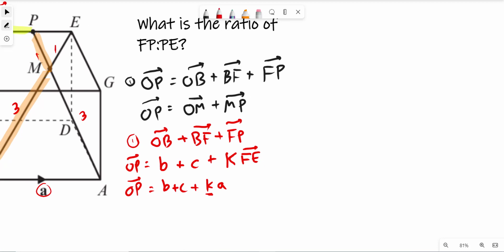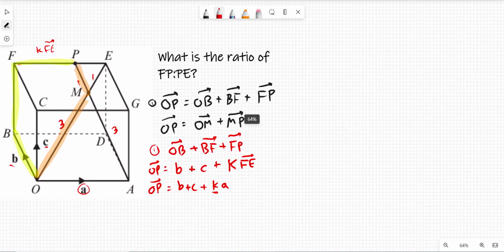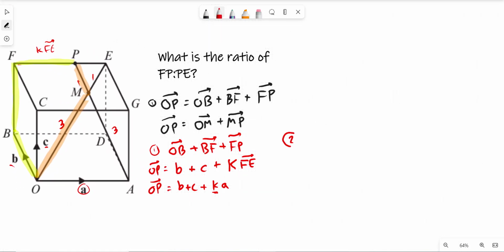Okay, that's one way. The second way we're going to define OP, we already said, is OM plus MP. That's my orange route. Now, OM is, because the ratio of OM to ME is 3 to 1, that means OM is actually 3/4 of OE, because we said that OM to ME is 3 to 1.